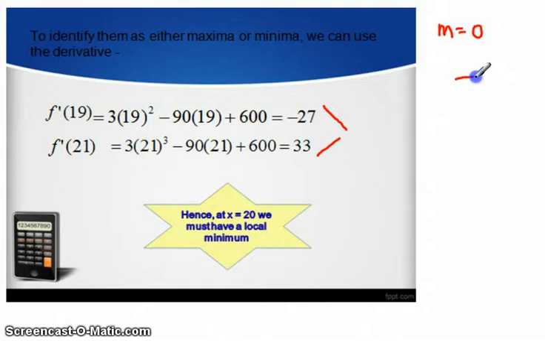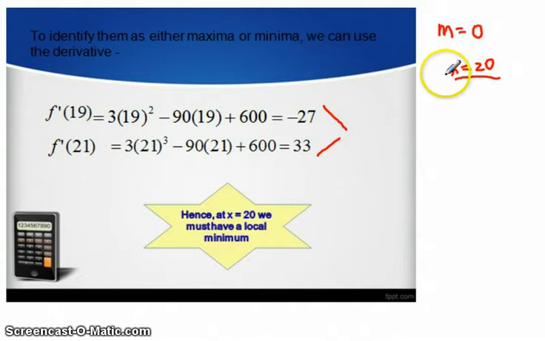At 20, you are here, when your x is 20. This is difficult to write. I need a pen. So at a value less than 20, you are decreasing.